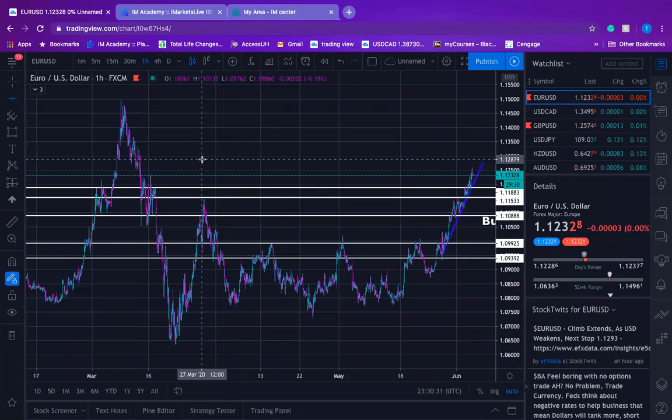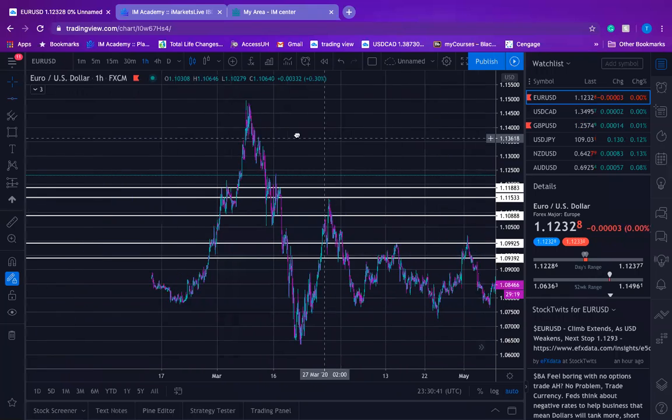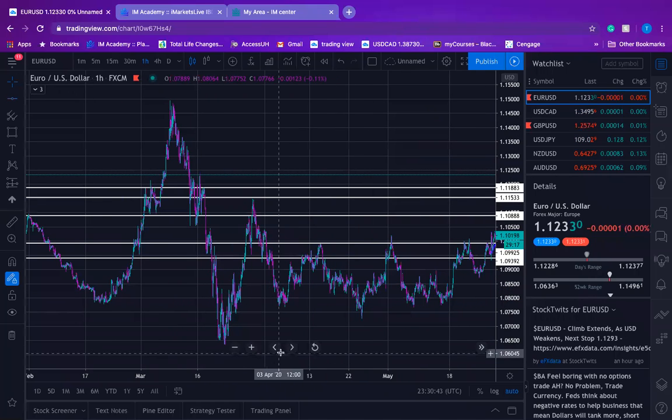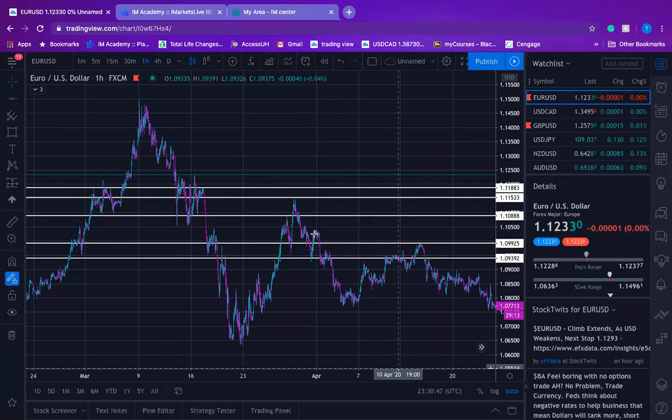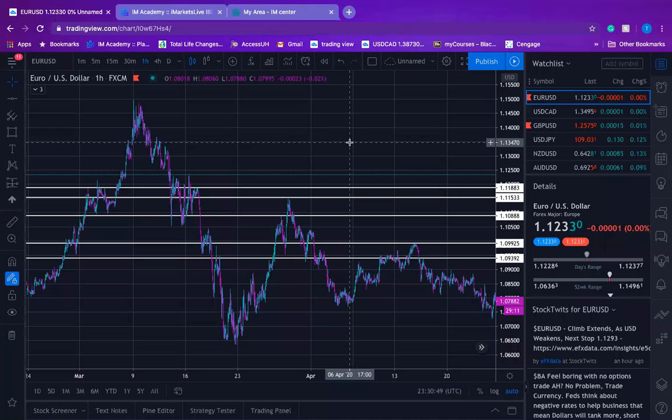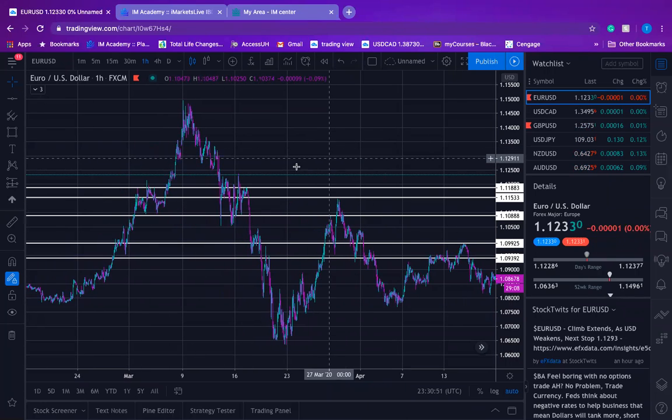I want to see what the market did previously, because, as in all aspects of life, history repeats itself. Same with the market, it repeats the same patterns all the time. So when you ask yourself how these people know what the market is going to do, it repeats itself. You just look left.